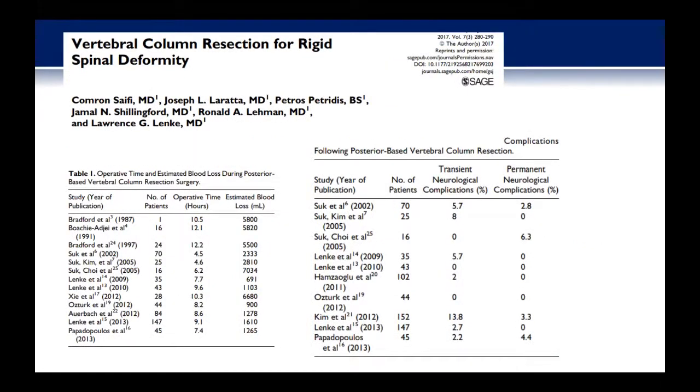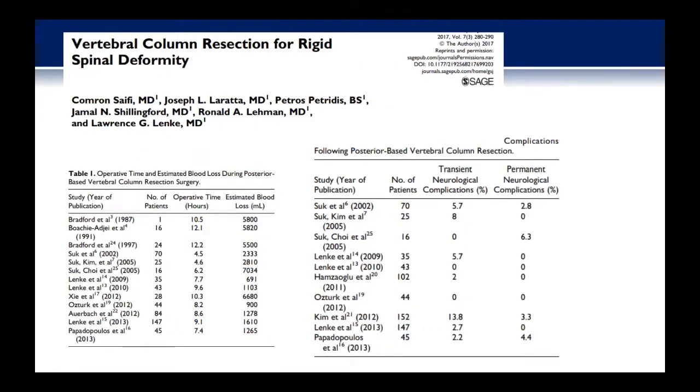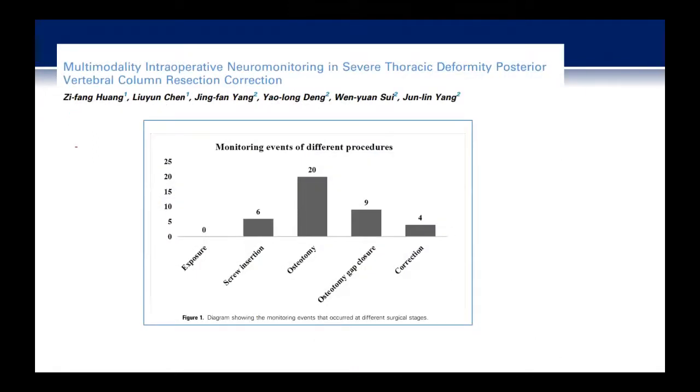This is a large meta-analysis of a lot of different papers. I'm going to skip this. This next slide is actually from the prior paper. Excuse me, I think my slides got mixed up, but this is showing the different time points when these events were noted.